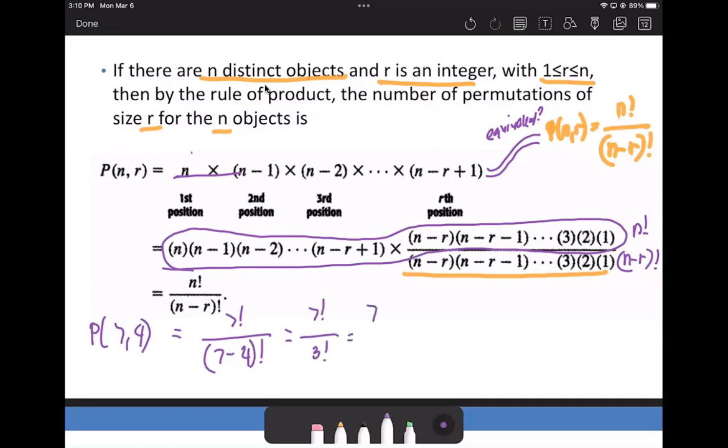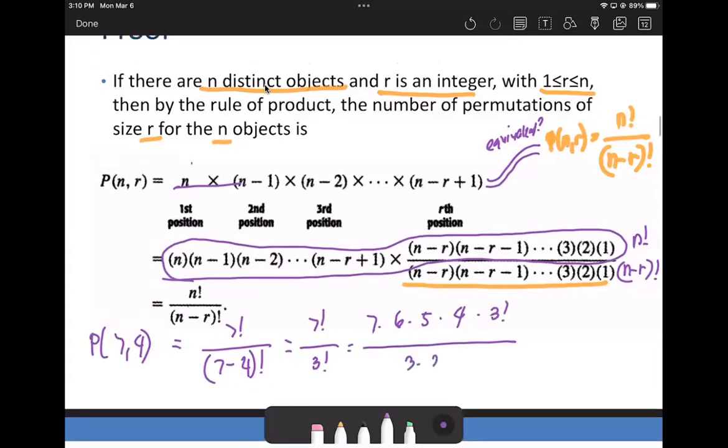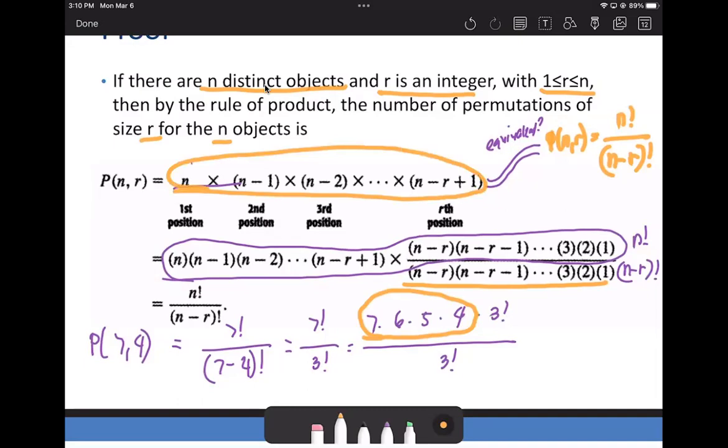So we will have 7 times 6 times 5 times 4 times 3 factorial divided by 3 times 2 times 1, or just the 3 factorial. You already know that this is equivalent to this part. But by the definition of n factorial, we still have this 3 factorial and the 3 factorial that we could cancel out.